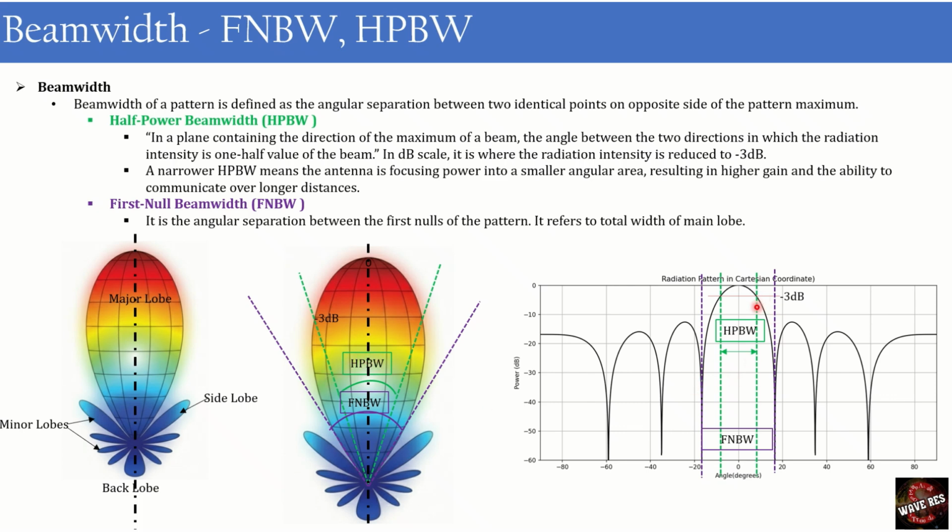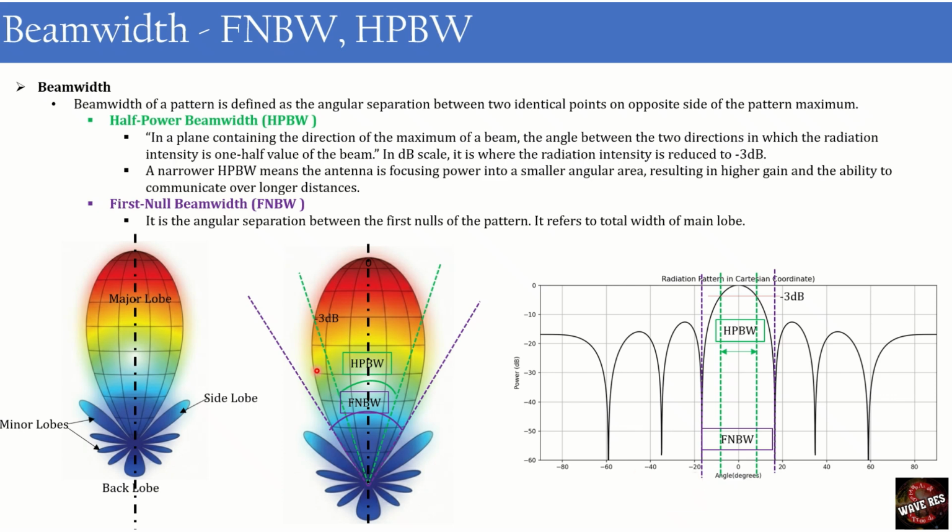In the Cartesian coordinates also we can see the half power beamwidth. We have to find the minus 3 dB points, extend them, and find this angle difference. This gives us the indication of the half power beamwidth. It gives an indication about the focusing power of the antenna.